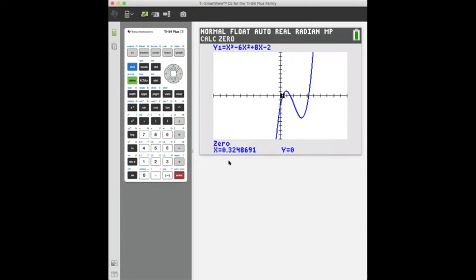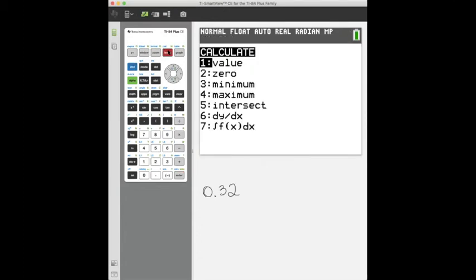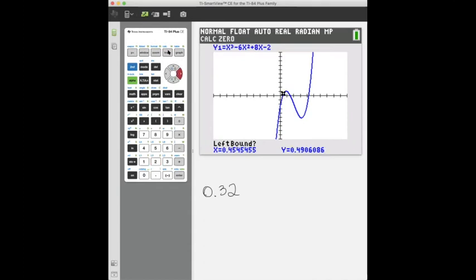The 0 is at 0.32. It's at 2 decimal places, right? Then we're going to do it again. Second, calculate, 0. Something on the left, something on the right, and enter. My second 0 is 1.46. The instruction said 2 decimal places, so I'm only rounding to 2 decimal places.